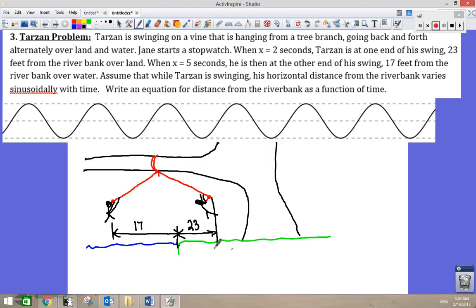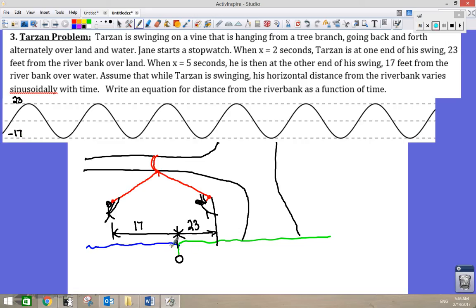All right. So this is really our zero. And so we want to have the maximum, the way I've got it set up here, being positive 23 feet, because you're 23 feet to the right of the bank, and then to the left of the bank, that would be negative 17 feet.